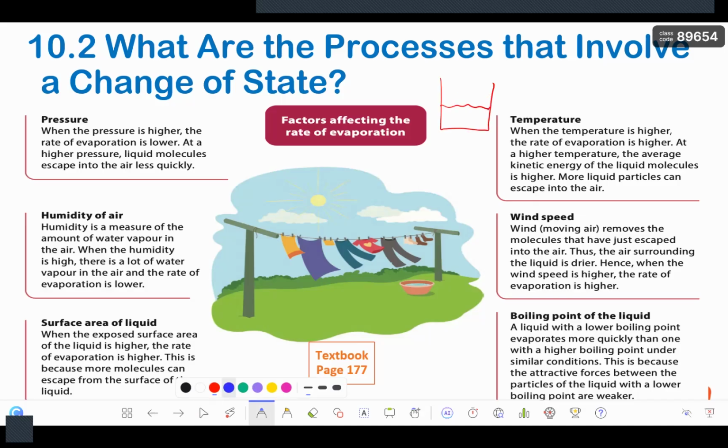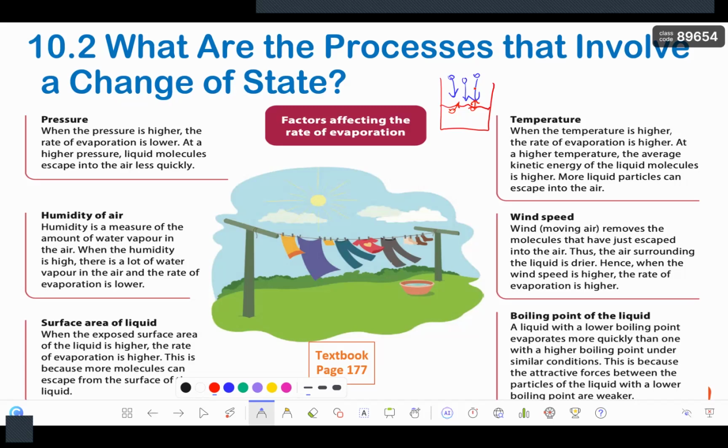If my gas pressure is very high, my gas pressure is caused by all the gas molecules. If my pressure is very high, this pressure will push down on this liquid. So if I have water molecules that are trying to escape, I find it very hard to escape into the environment because of the high pressure pushing it down.